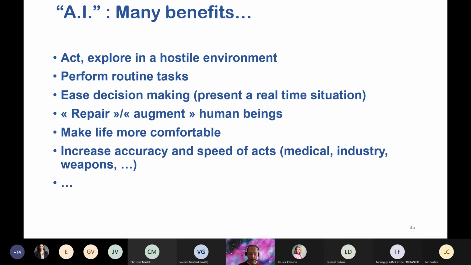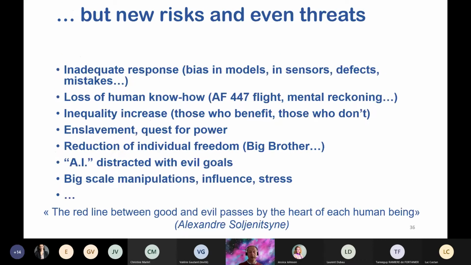It can repair, sometimes augment human beings, make life more comfortable, increase accuracy and speed of acts. But it can create new risks and even new threats, because of an inadequate response due to biased models or sensors, or defects or mistakes, a loss of human know-how.